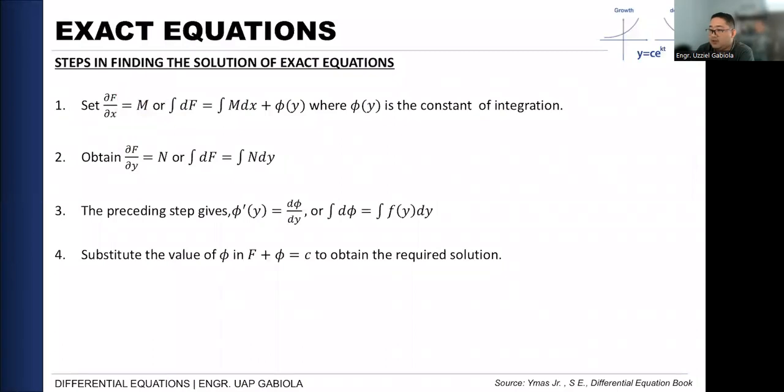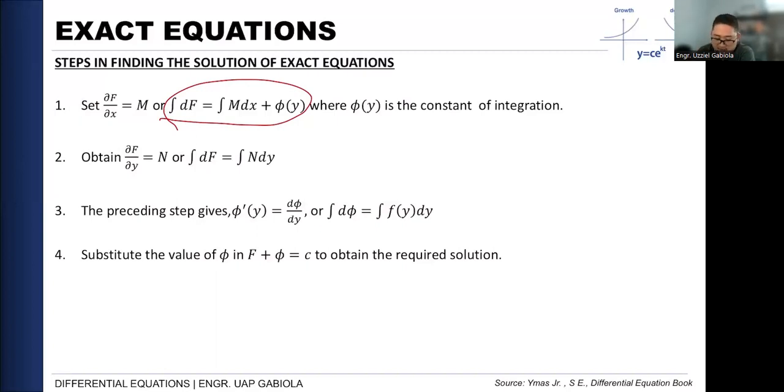What I like to use in these cases, since there can be two solutions, is this: when it is exact, the first step I take is to write the integral of df, the integral of the differential of the function, equals the integral of Mdx plus phi of y, wherein phi of y is the constant of integration.